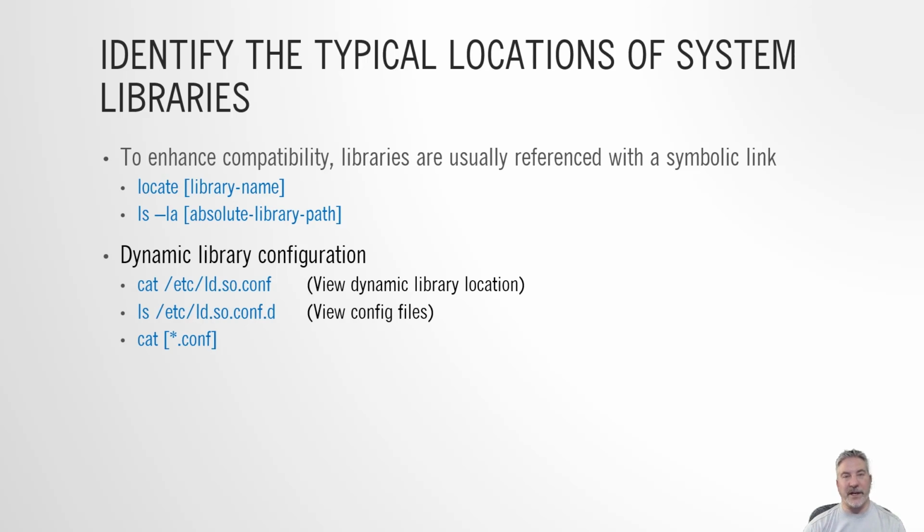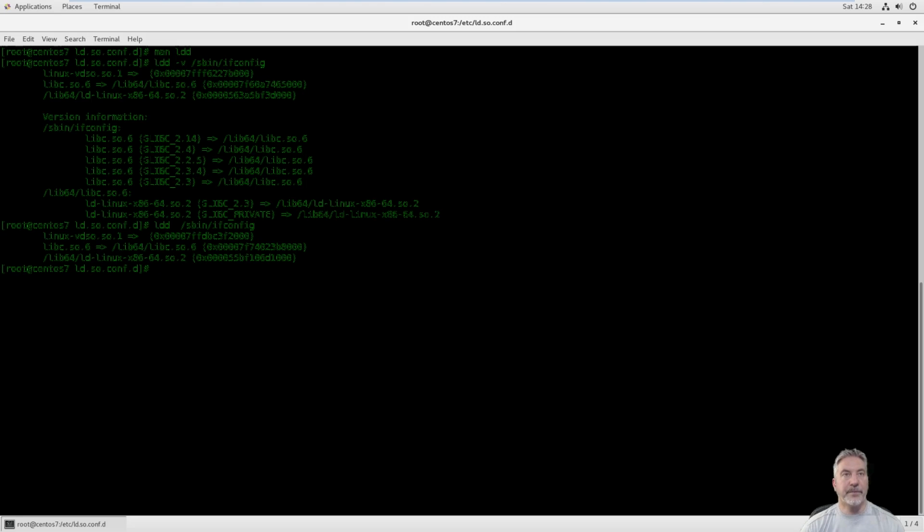It's kind of a mouthful when you say it like that. So let's go ahead and have a look at those. So I can run the locate command against libc.so.6. And since it's within my search path, the locate command tells me where that is.